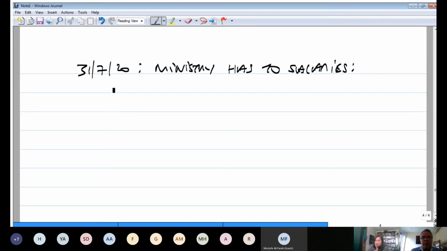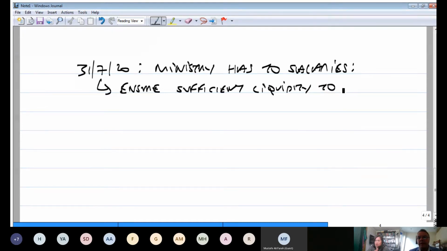What they've got to do then is ensure sufficient liquidity to generate cash to pay those salaries.